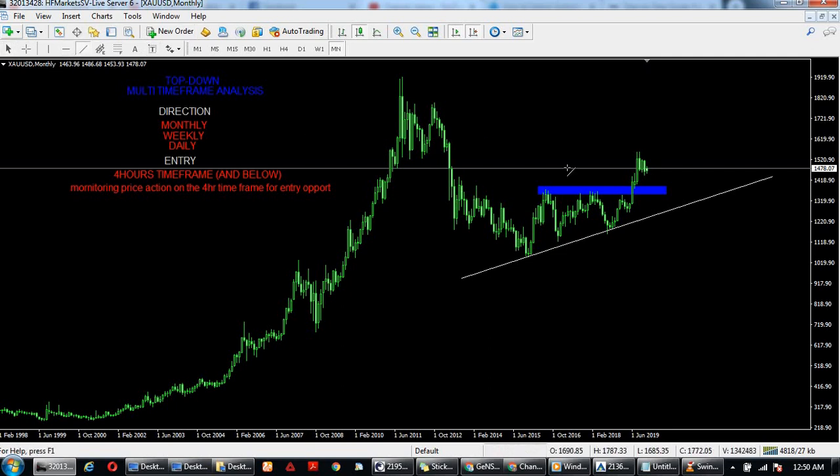Price to come back here and now do what? And now find what? Support for a more massive movement to the upside, respecting what? Our trend structure, which is price making a series of higher highs and higher lows. Yes, that's what we said. Okay, so price now breaks this.